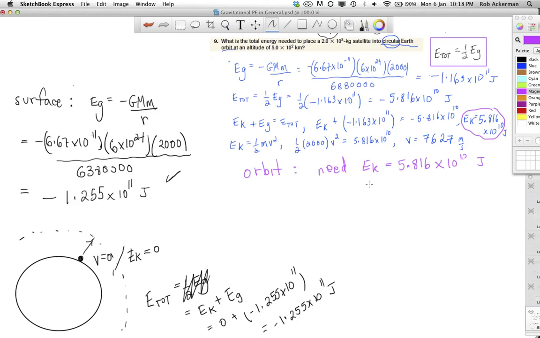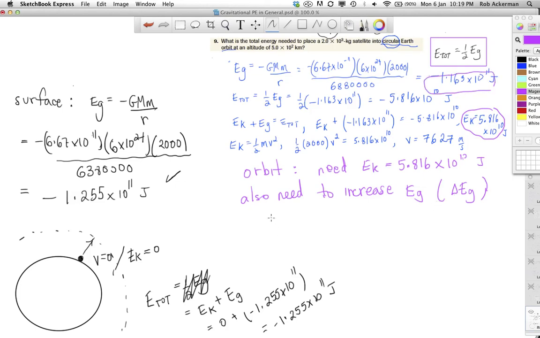But what else do you need? You also need to increase your EG. You need a delta EG. We got to do work on this satellite to get it up to the orbital height. How do we do that? Well, we realize that in the beginning we had this much EG, and at the end we're going to have this much EG.